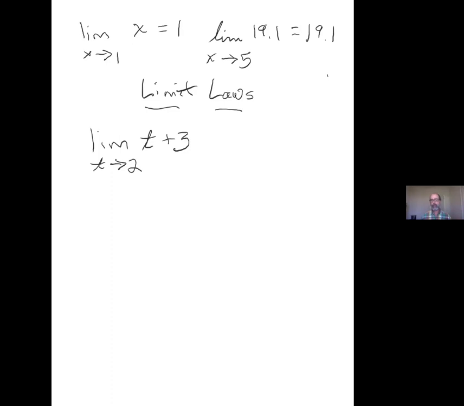When you take a look at that, in an ideal world, what would be the easiest and nicest thing to happen if we wanted to take the limit of t plus 3? Dr. Johnson, what do you think would be your favorite thing in an ideal world? I mean, it'd be great if we could just plug it in, if that wouldn't cause any problems. Well, we have to see.